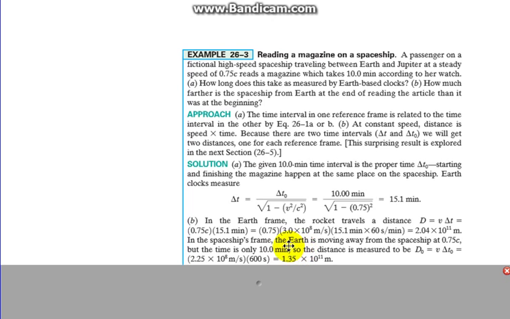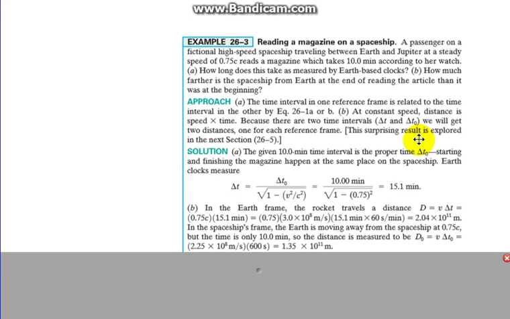In the spaceship's frame, now here's the weird part. Earth sees the spaceship moving away, let's say to the right. People on the spaceship see Earth moving to the left, away from them. So in the spaceship's frame, the Earth is moving away at 0.75 c, but that only takes 10 minutes, because that's what they're registering on the ship.